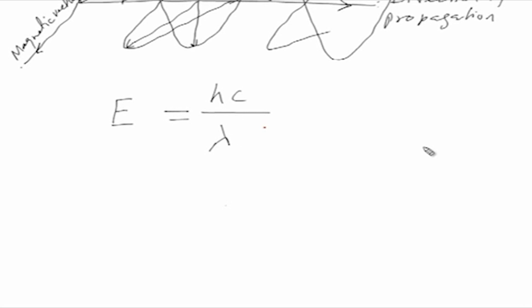It could also be written in this way, that is h nu, where nu is the frequency, and frequency is expressed in terms of hertz, that is 1 oscillation per second. All right. So, this is a typical representation of an electromagnetic wave.